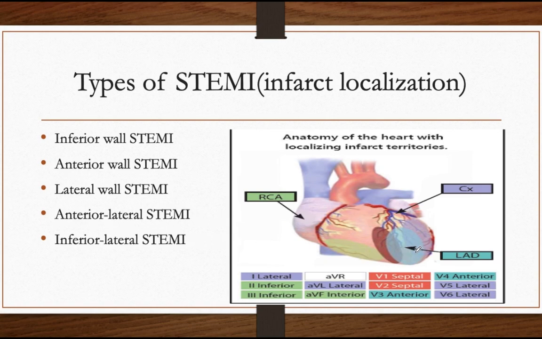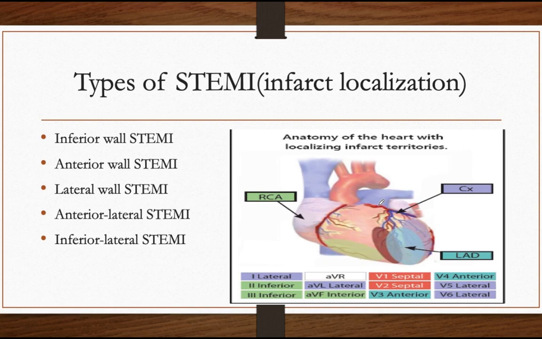In this case, that means that all the areas supplied by both the LAD as well as the circumflex artery may be infarcted, and so there may be an occlusion of a proximal portion of the left coronary artery. As we discussed, we learned that the left coronary artery rises from the aorta and travels about 2 to 3 centimeters, then branches into the LAD as well as the circumflex artery.